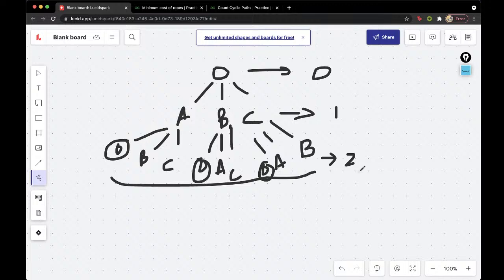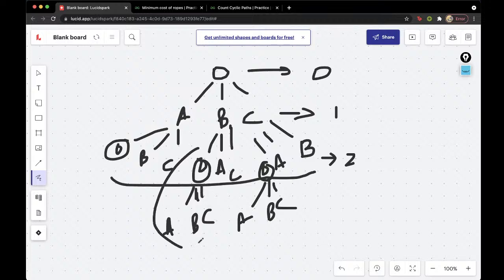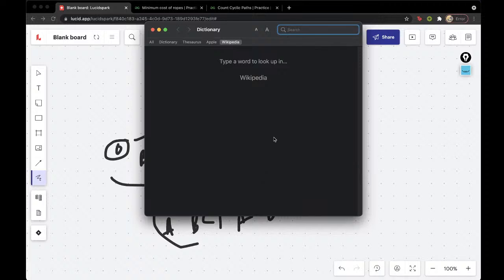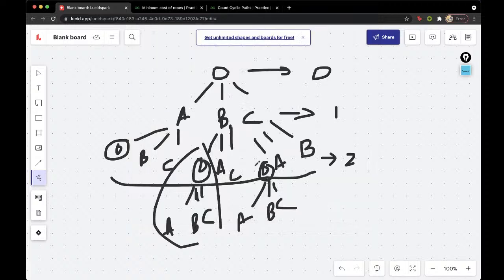Now if you notice, we can group these things. From this O you will go to A, B, C again, and from this O again you will go to A, B, C. So both of these subtrees are identical.